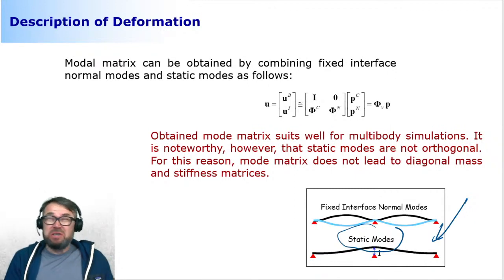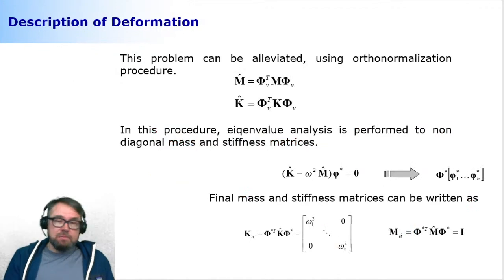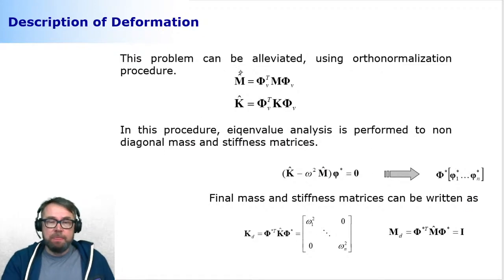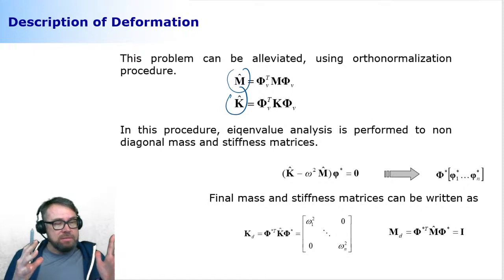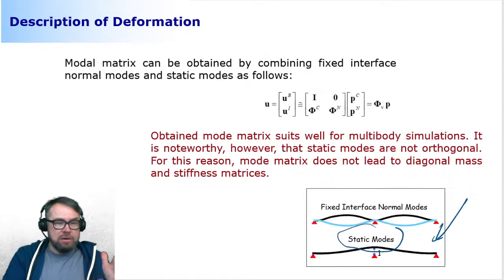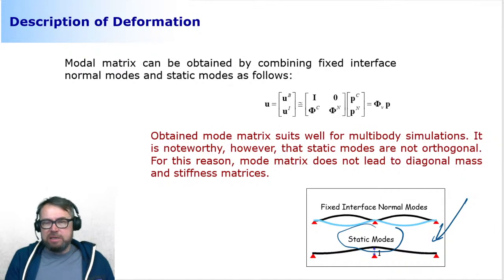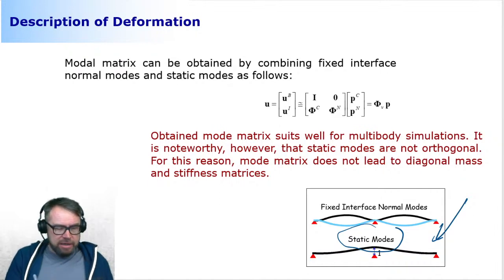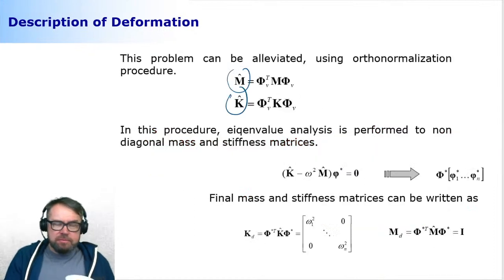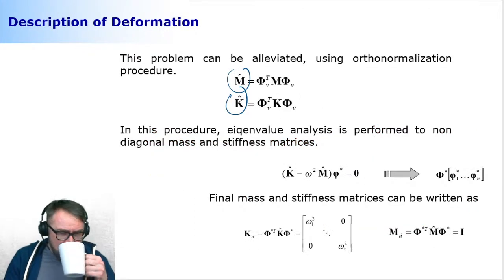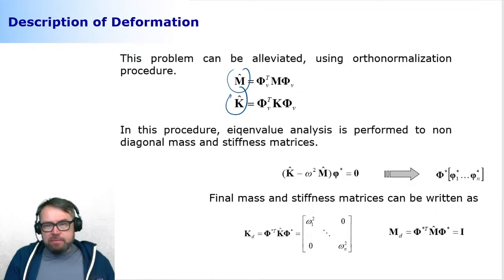But you can get rid of that by computing the new mass and new stiffness based on this combination of, I need to take a look at the names again, fixed interface normal modes and static correction modes. And then you get the new mass and stiffness. And using the new mass and stiffness, you can conduct an eigenvalue analysis again.